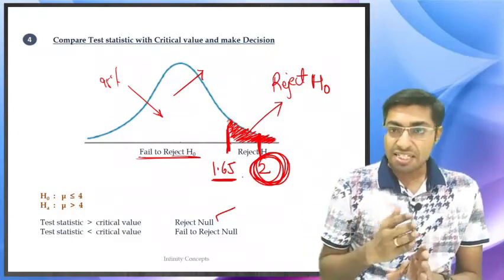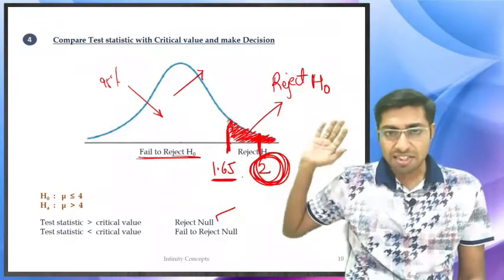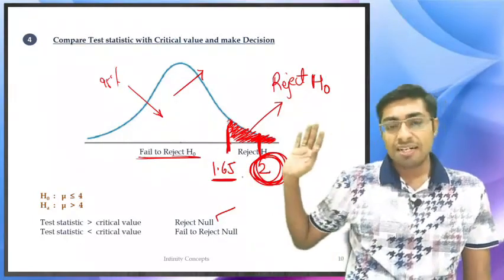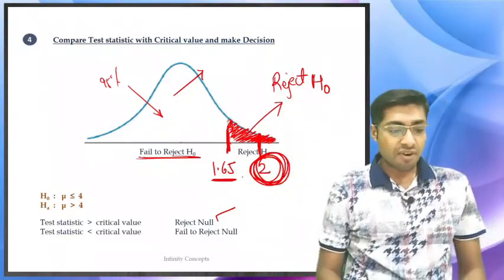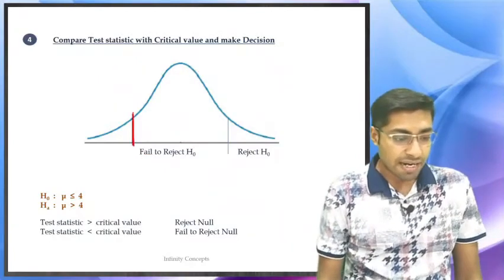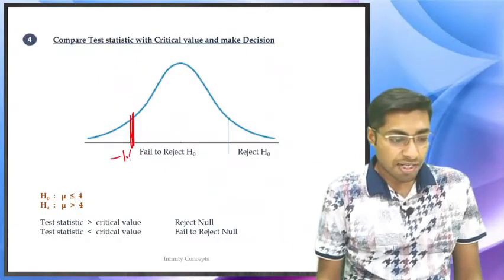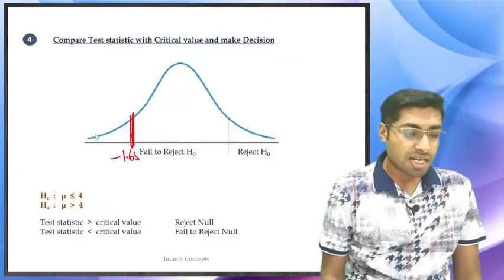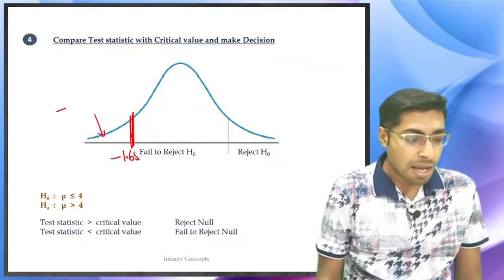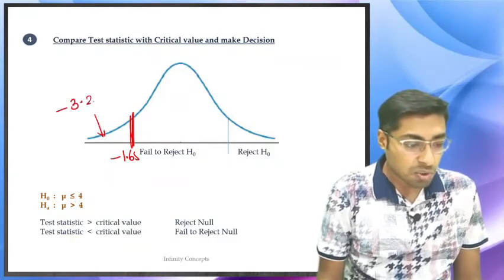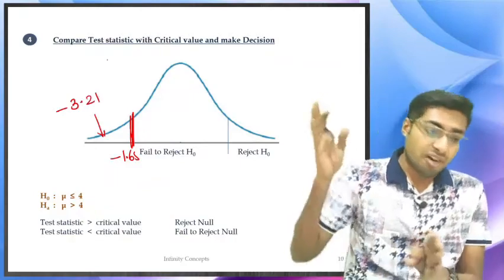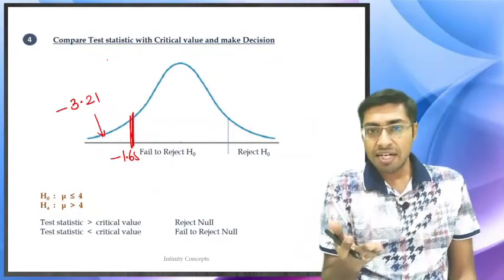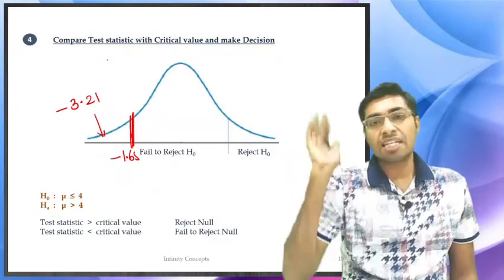If your test statistic is out of the range, going beyond the critical value, or say for example you were on this side of the critical value, minus 1.65, and your test statistic was say minus 3.21, something which is further on the left of the critical value, then you reject the null hypothesis.